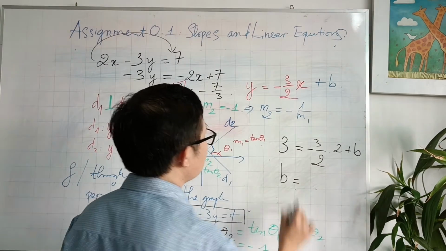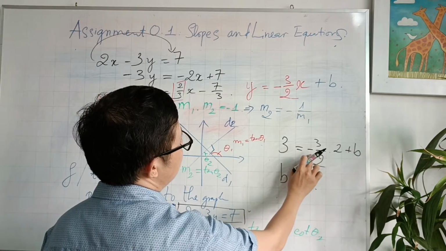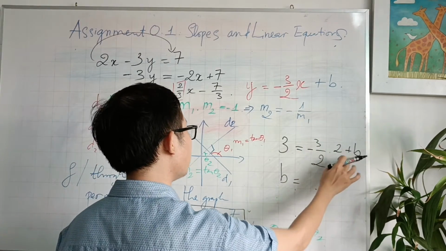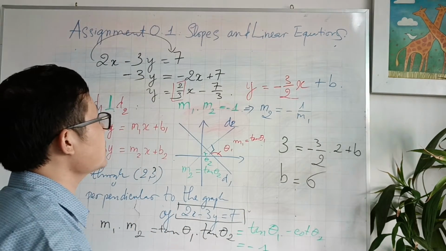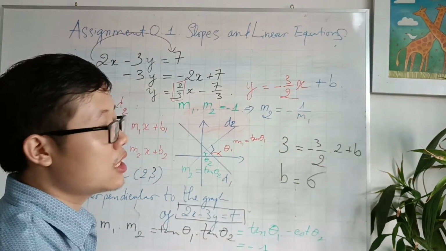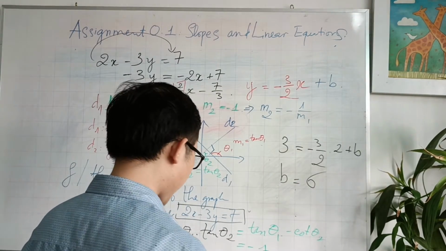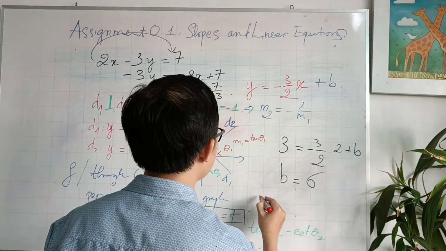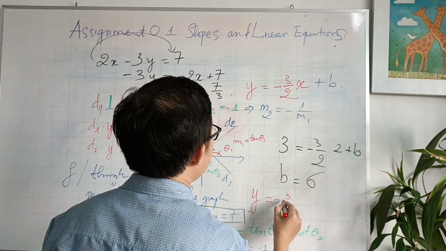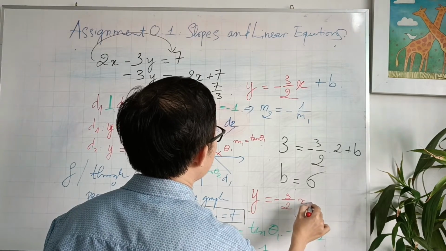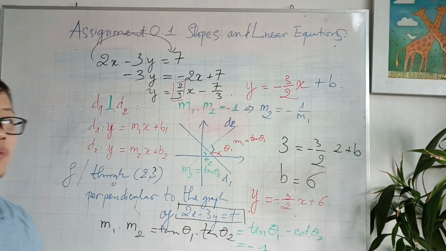So 3 equals negative 3 plus b, so b is 6. And we rewrite the linear equation, substituting b with the value 6. And we have the last answer: y equals negative 3 over 2 x plus 6. It is the slope-intercept form of the line.